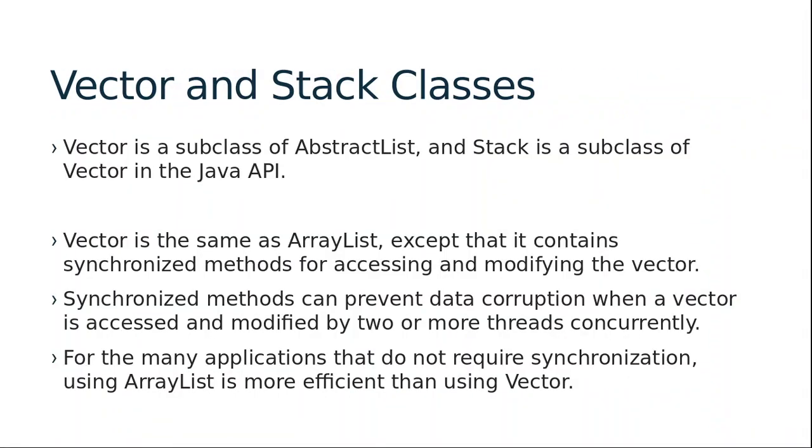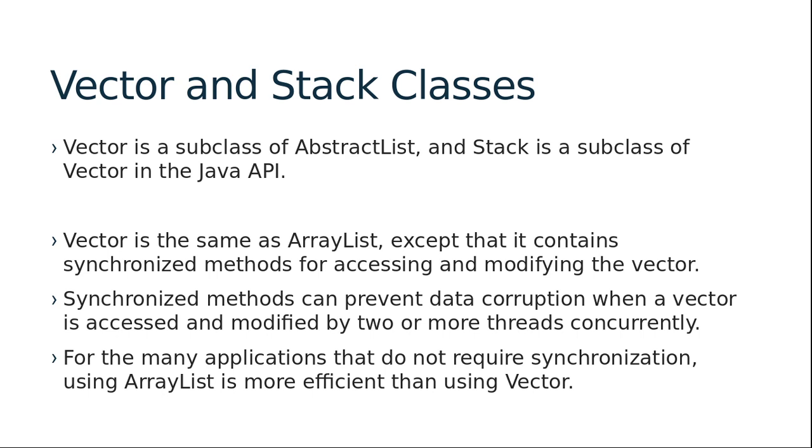Next thing we want to see is the vector and the stack classes. These two are concrete classes. Vector is a subclass of the abstract list class, and stack is a subclass of the vector concrete class. Now vector is the same as array list. The only difference here is vector contains synchronized methods for accessing or modifying any elements in the vector.